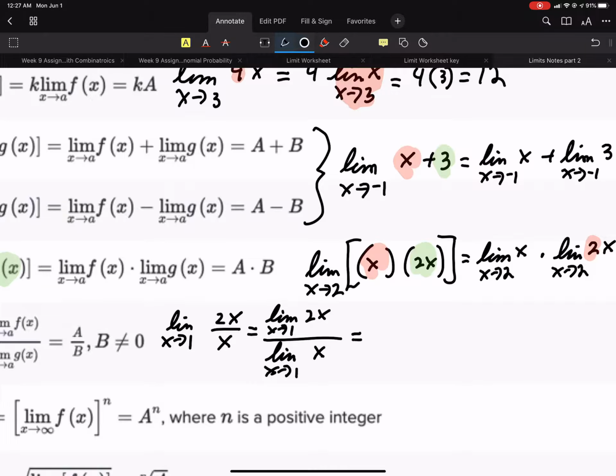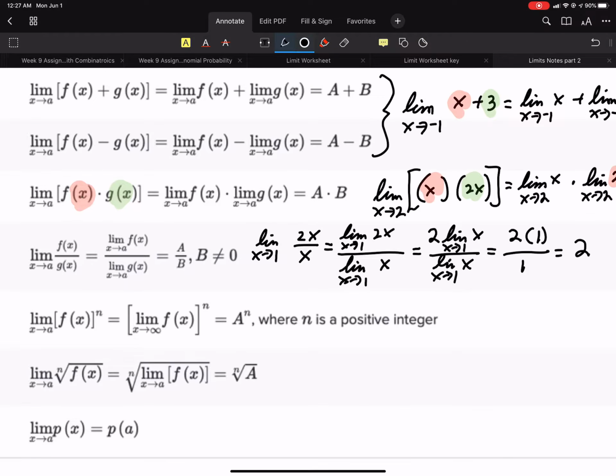Well, I know on the top I'm able to factor out a constant. And what I'm going to get? The constant times the limit, which is 1, and the limit of the bottom, which is 1, so the answer is going to be 2. So that's an example of the quotient rule. Now when the denominator is 0, we'll have to deal with that I think it's the next lesson, maybe it's the end of this one, I can't remember.